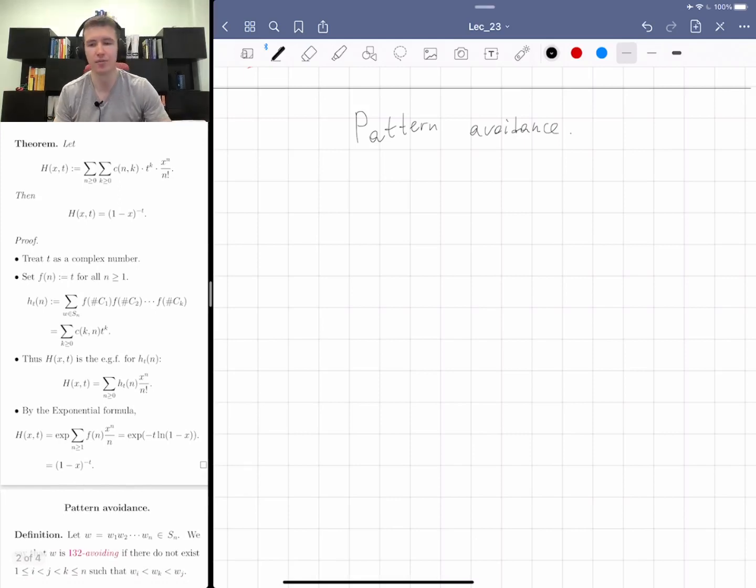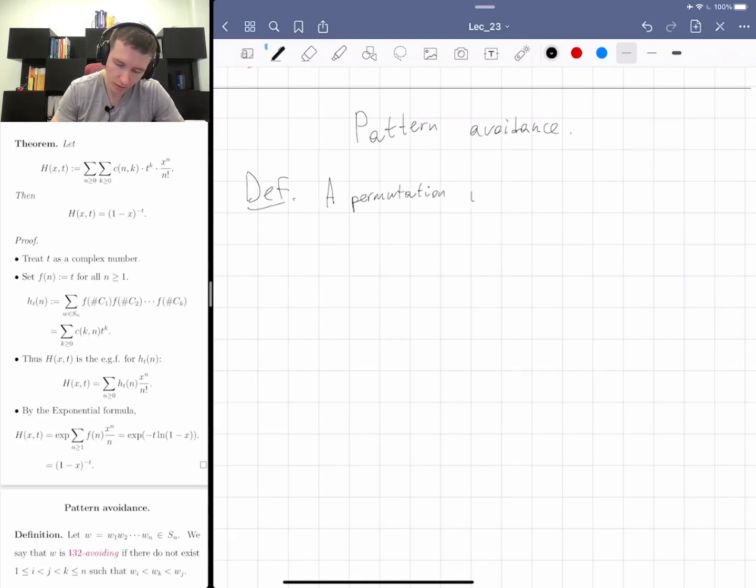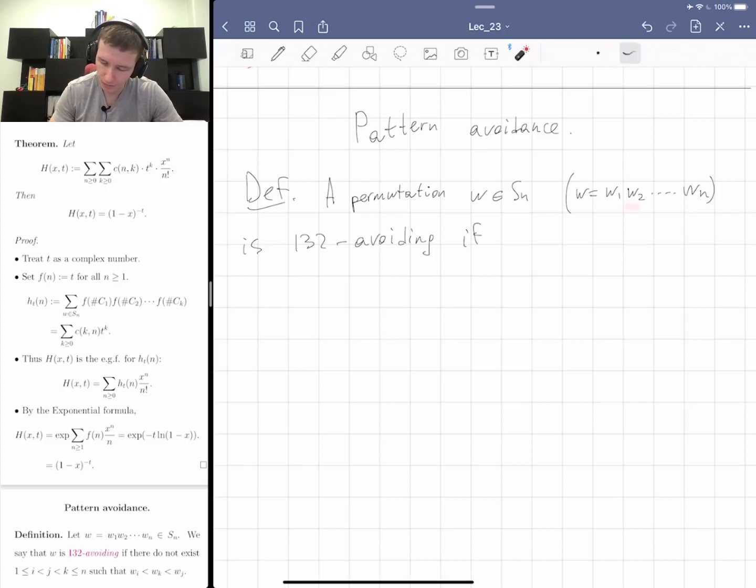And the definition is very simple. So let me give an example of a definition of a pattern avoidance. A permutation W, which I want to write in one-line notation, W1, W2 up to Wn, is called 1, 3, 2 avoiding, for example, if there are no three numbers in the one-line notation which have the same relative order as 1, 3, 2.